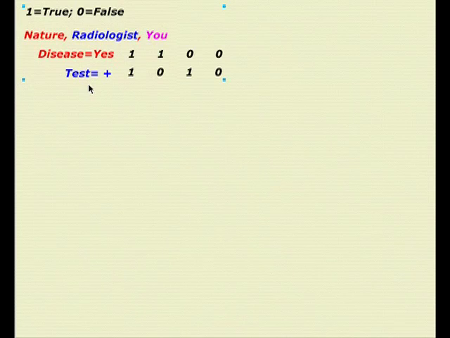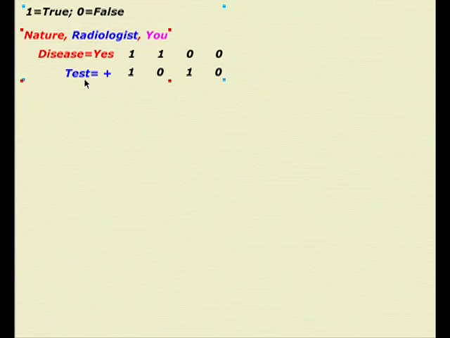Now we're going to put those 2 ideas together in what we call a truth table. Think of this on the left-hand side as a proposition: the patient has the disease. It's true they have the disease, yes. It could be no, but the proposition is they have the disease. The test result comes out positive. That's a proposition, the test is positive.